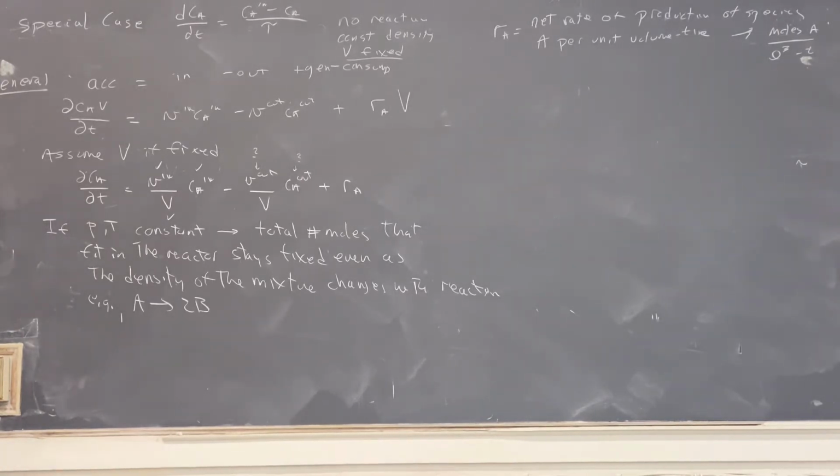That tells me that if I take the sum of all the concentrations of all the species, where I labels the species as A1, A2, A3, all the species, and I multiply by V, I get the total number of moles in the reactor.